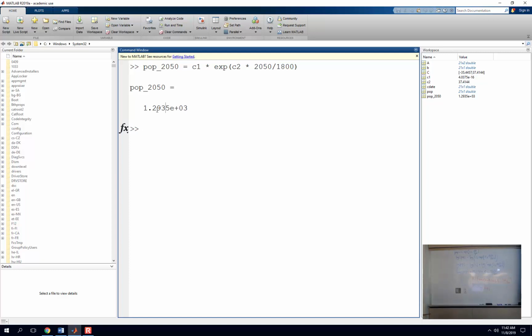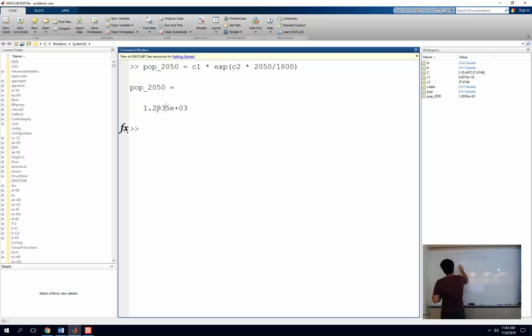Let me write them down because that's probably easier to see. So you have the first model. Population is C1 times date plus C2. Population is C1 times date to the power of 2 plus C2 times date plus C3.